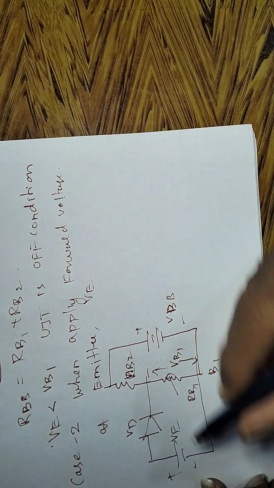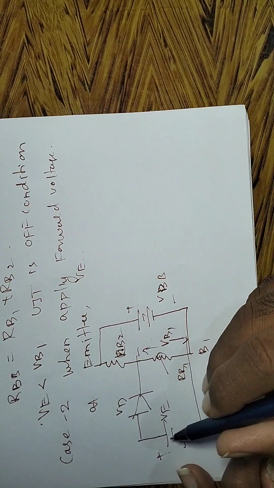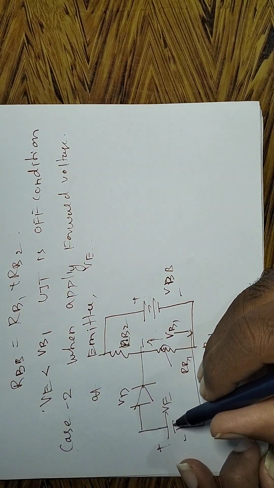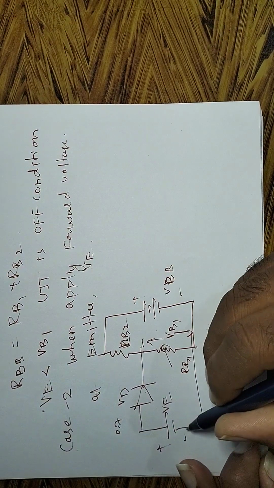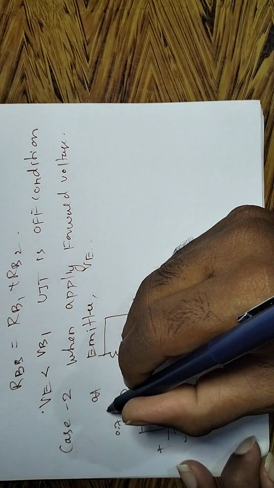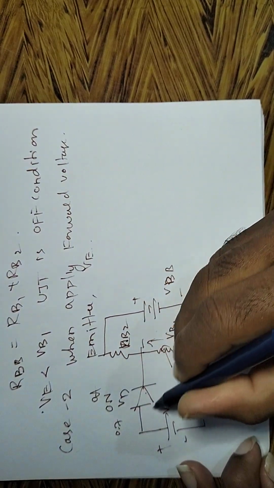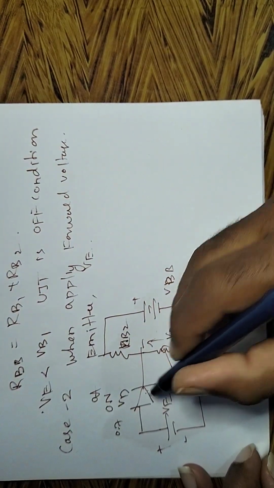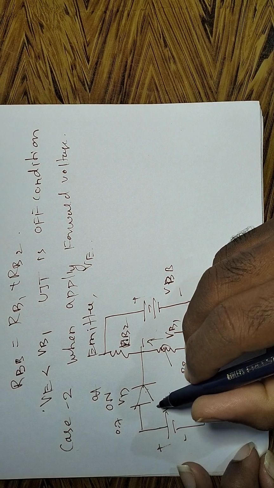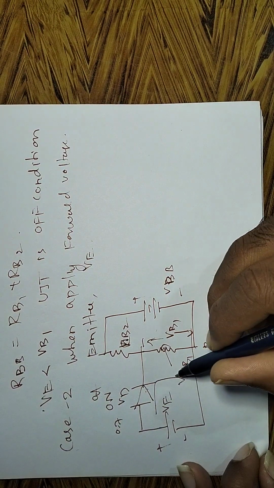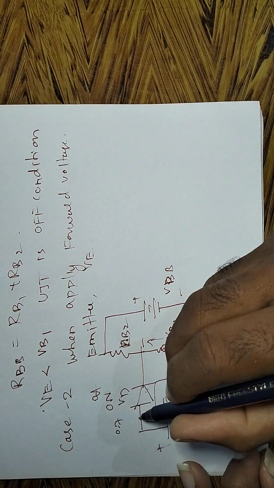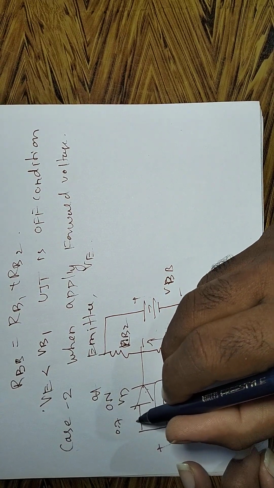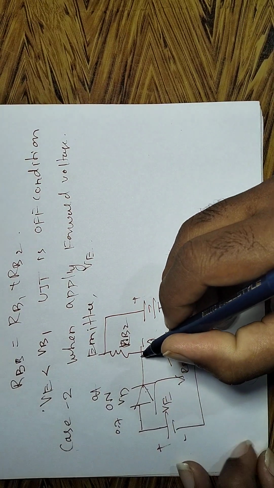Now when the emitter voltage increases slowly and reaches the point-on voltage, the diode gets into on condition. When the diode is on, current starts flowing in this direction. Why? Because when the diode is on, holes from the P region enter the N region.